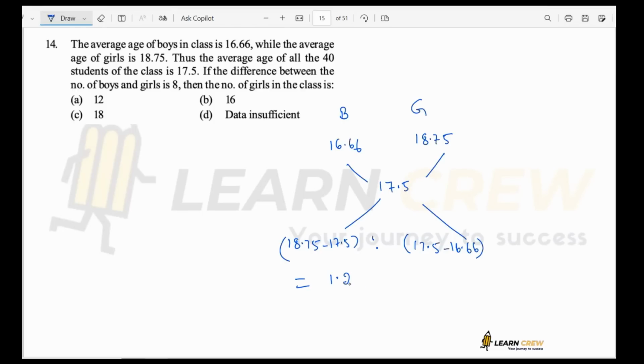And 17.5 minus 16.66 is 0.833. Yes or no? So the ratio is 1.25 is to 0.833.